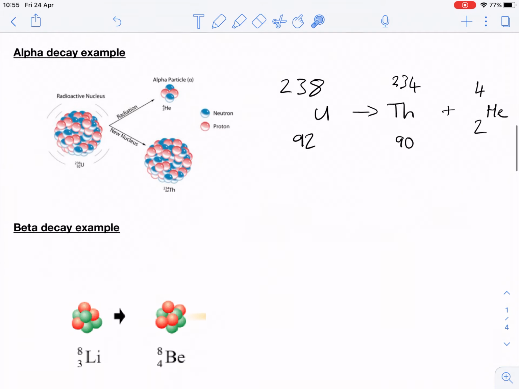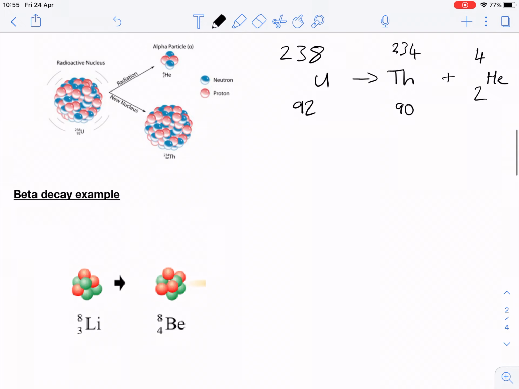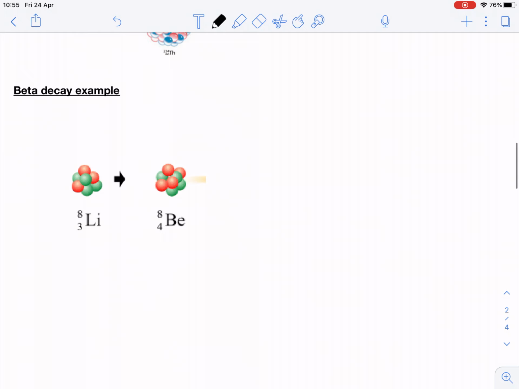Then when we look at beta decay, now remember what I said just a moment ago. When we're talking about beta, we are talking about a neutron in the nucleus changing to a proton, and whilst that happens, a high energy electron is emitted, which is known as the beta particle. So what actually happens in this beta decay example? Very clearly, we start with lithium, okay?